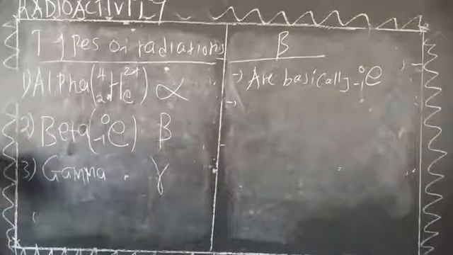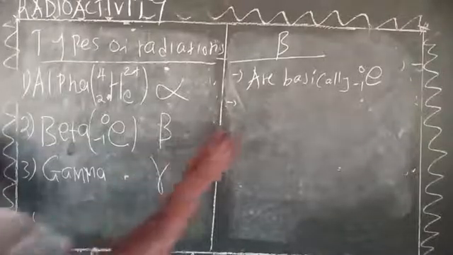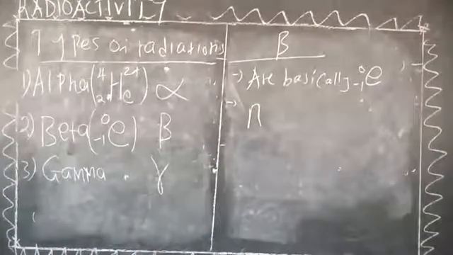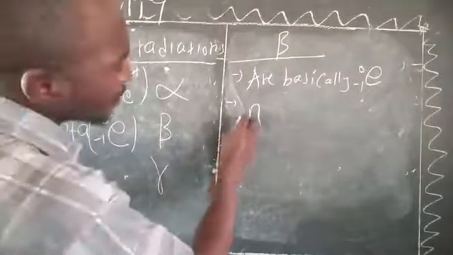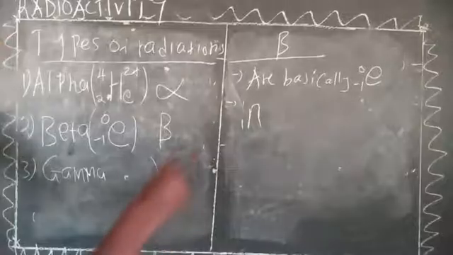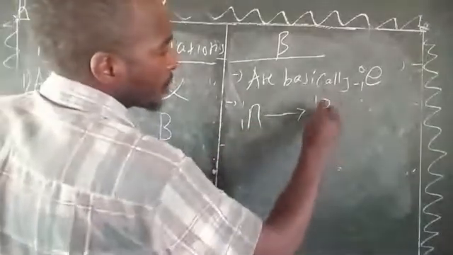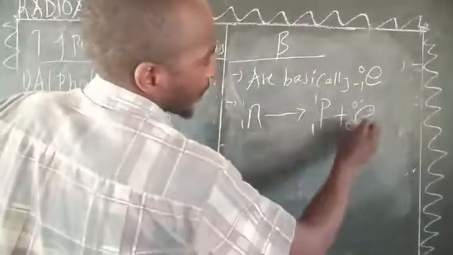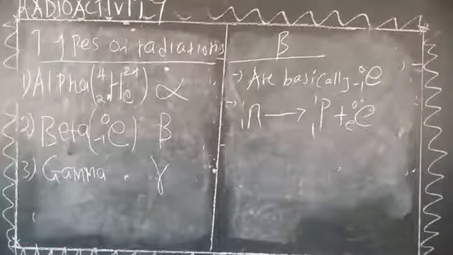They are usually formed in the nucleus of an atom when a neutron within the nucleus changes into a proton and an electron within the nucleus of an atom.